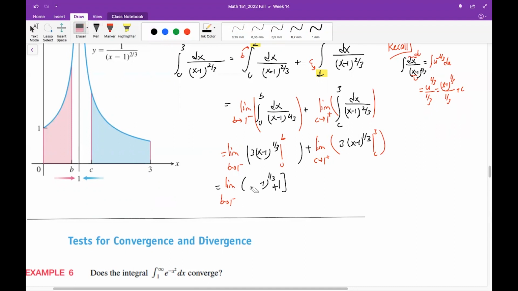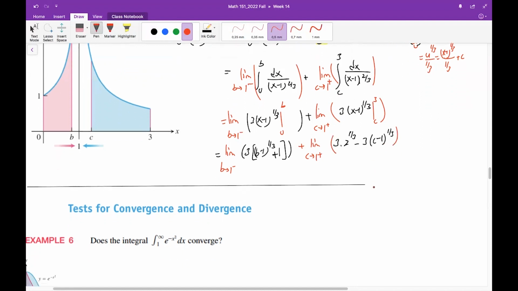I just separated this constant 3 in front. Okay. Like this. This is for the first limit, and what happens in the second limit? You first insert 3, okay? So 3 times 2 to the power 1/3. And then minus 3 times (c minus 1) to the power 1/3, like this.